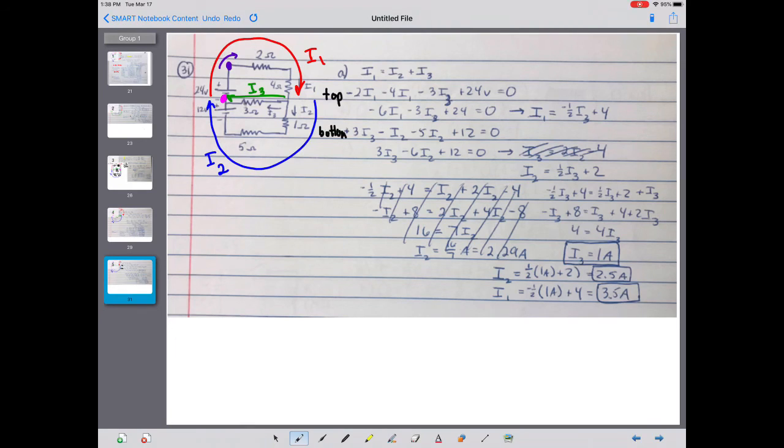Both of those were moving around in that clockwise direction, so in the direction of the current, those will both be negative. So negative 1I2, and then the 5 ohm, negative 5I2. And then we hit the 12 volt battery from low to high, so that'd be a positive 12. And that is equal to 0.